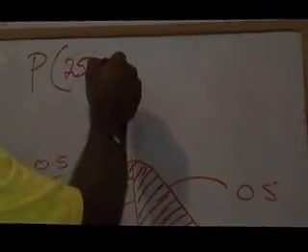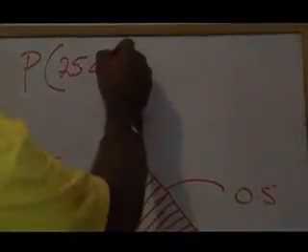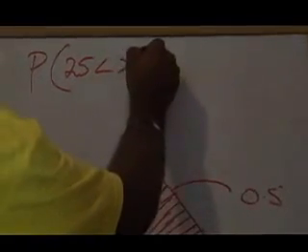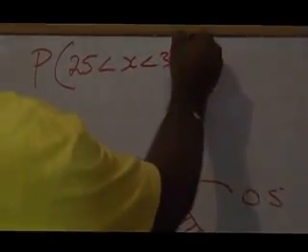Having the z values, we can now find the probability, because the probability is going to be the probability of the random variable x, which is 25, less than an x value less than 32.